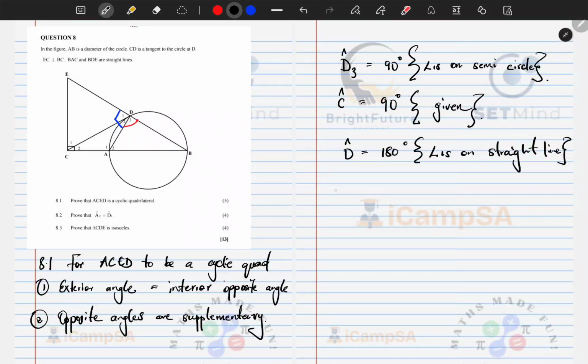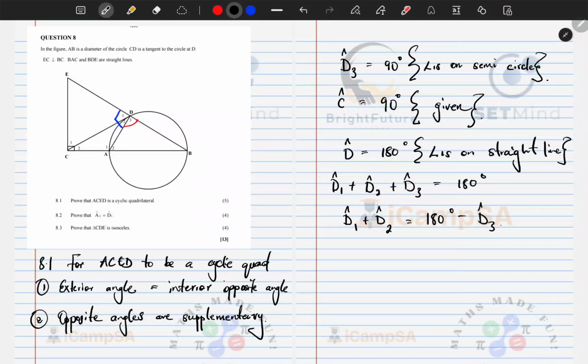So D is made up of angle D1 plus angle D2 plus angle D3. Remember, we want D1 and D2. So angle D1 plus angle D2 is going to be equal to 180 minus D3.